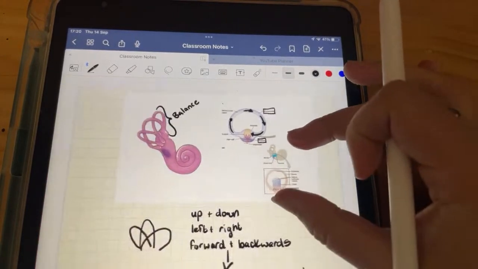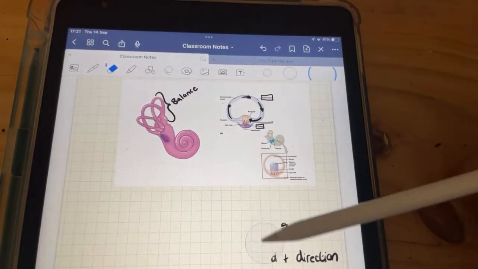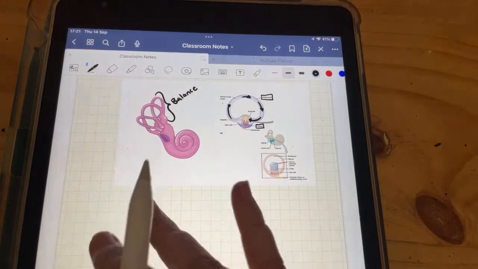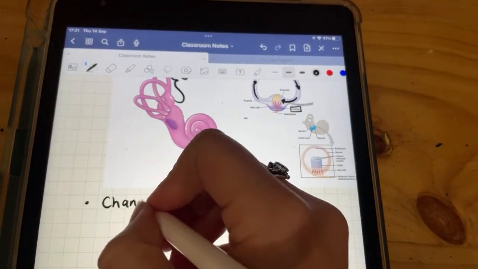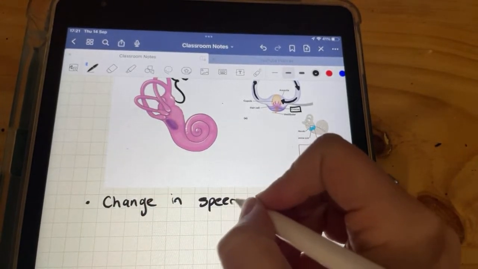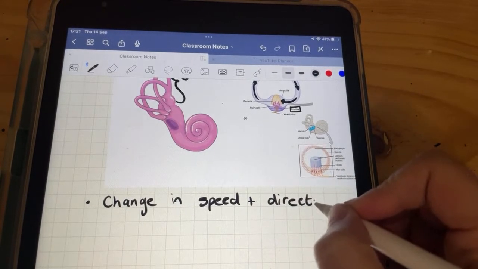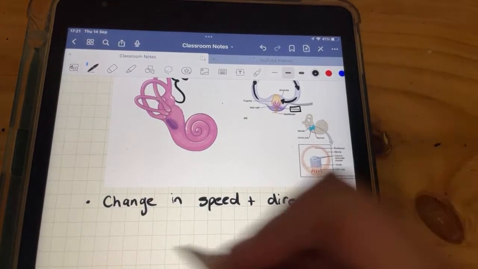Right, so how do we explain balance? Let me write out the key points for how, in an exam, you explain balance. Step 1, you always need to acknowledge that there is a change in speed and direction. If they give you a very specific example in the exam, please insert the example they've given.